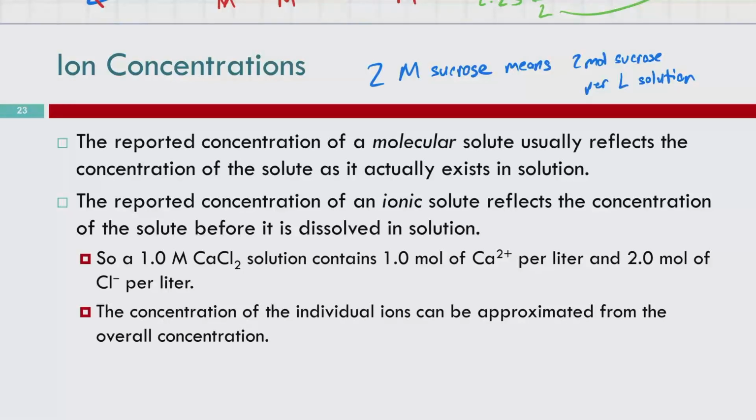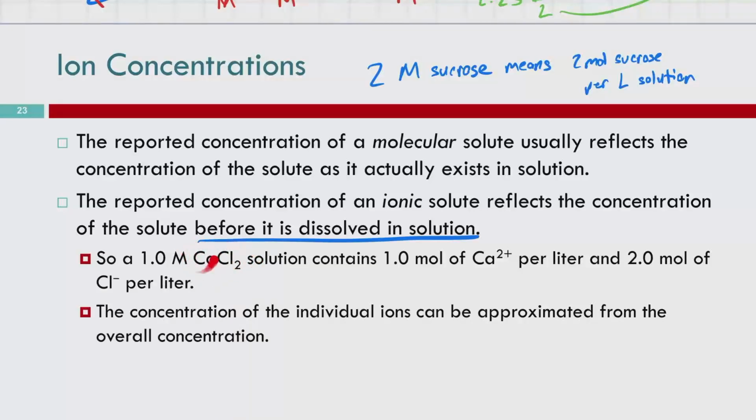The reported concentration of an ionic solute reflects the concentration before it is dissolved in solution. For example, if we've got a 1 molar calcium chloride solution, that's going to contain 1 mole of calcium chloride per liter of solution.